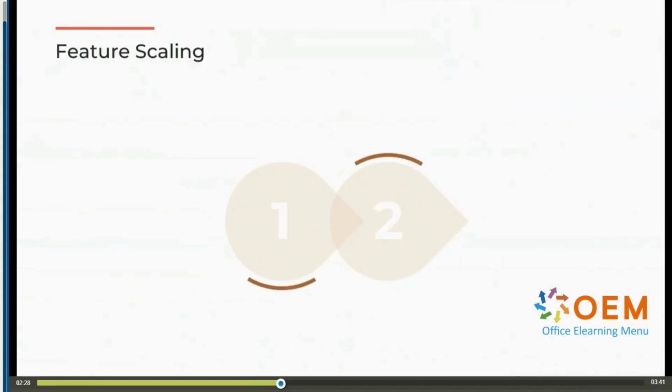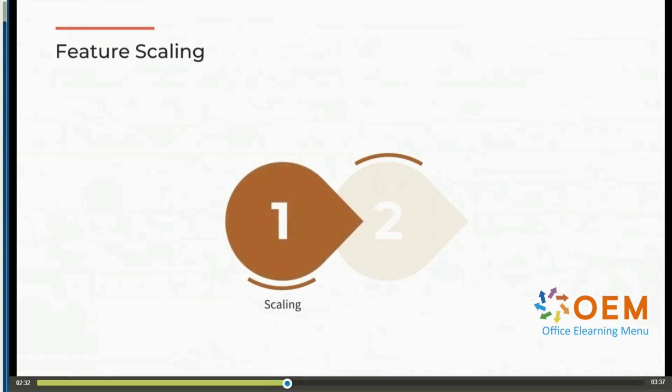There are two ways in which you can preprocess numeric data. The first is scaling. This technique transforms the original numeric feature to a fixed range, usually between 0 and 1, by subtracting the minimum value and dividing by the range of the feature. This is useful when you want to preserve the relationships among the original values while ensuring all features have the same scale.